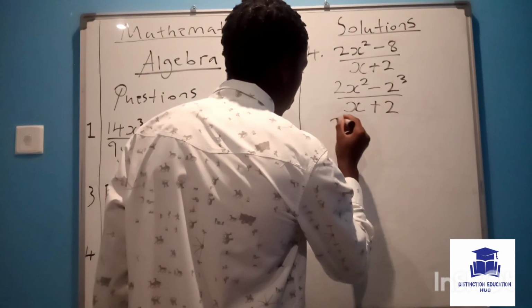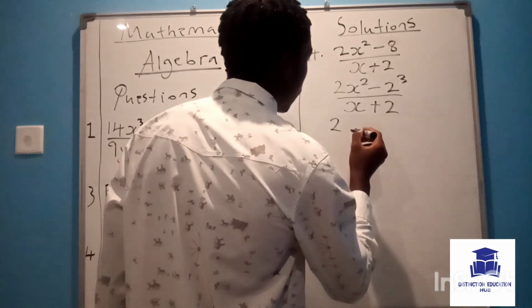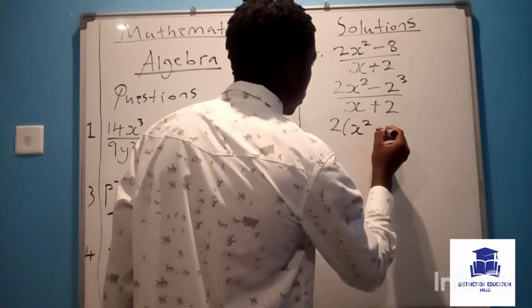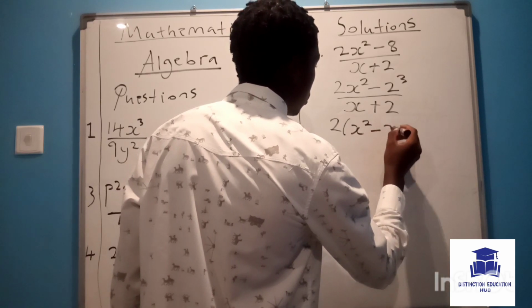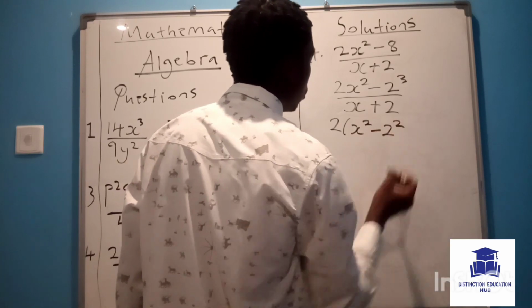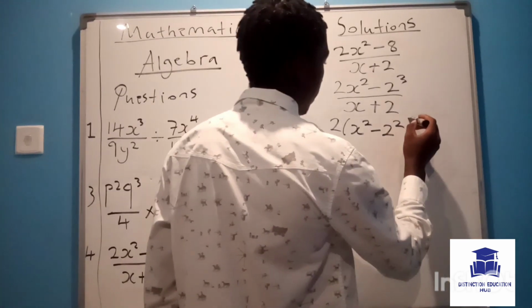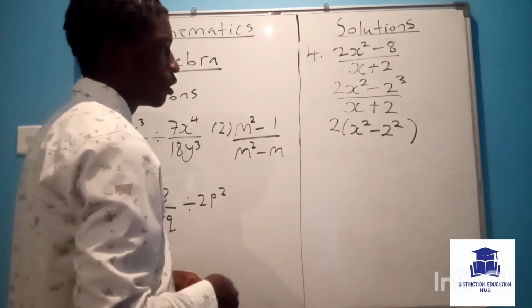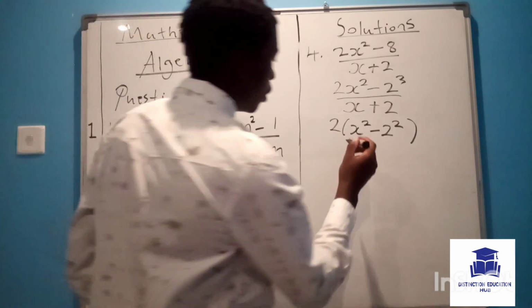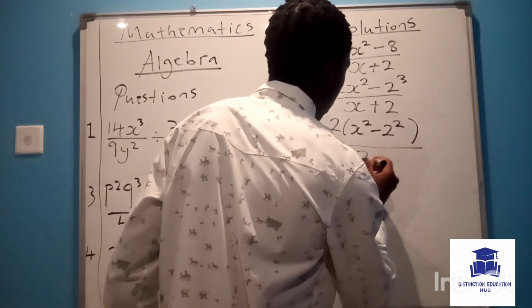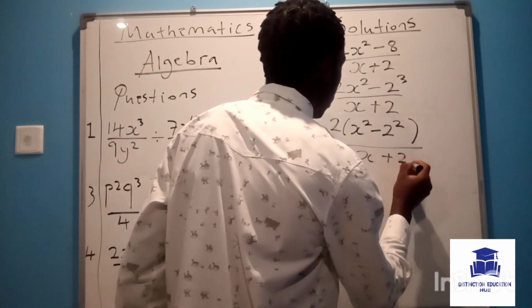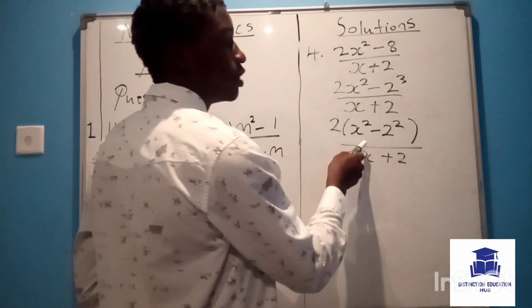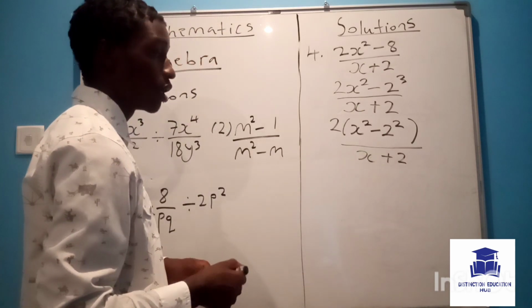You get your 2 times x squared minus 2 over x plus 2.